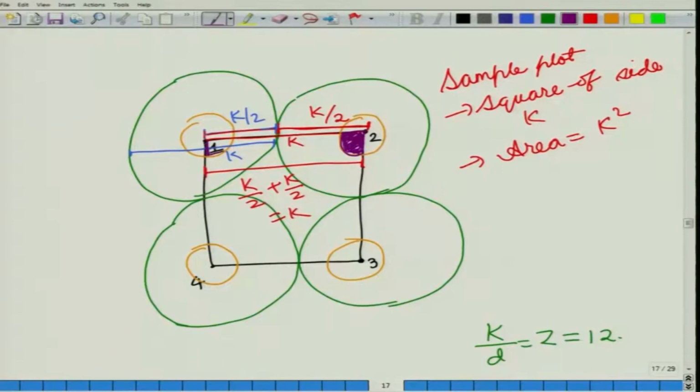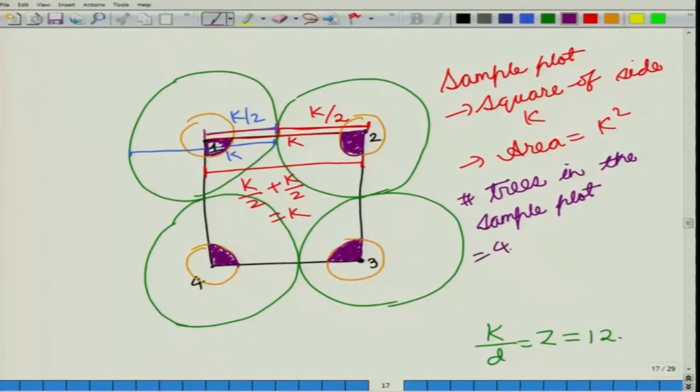Here also we have 1/4 of a tree. Here also we have 1/4 of a tree, and here as well we have a quarter of a tree. So, the number of trees in the sample plot is 4 into a quarter tree, which is equal to 1 tree.